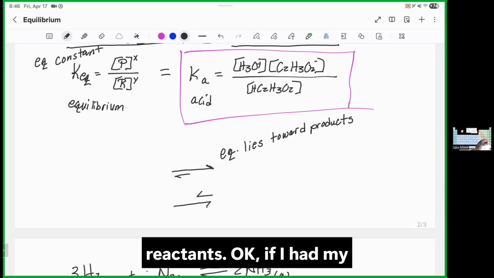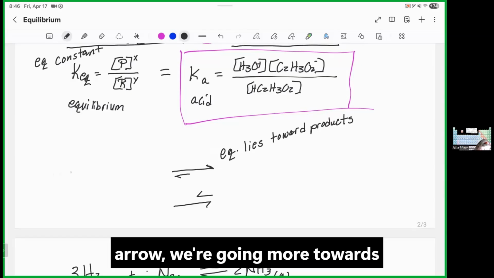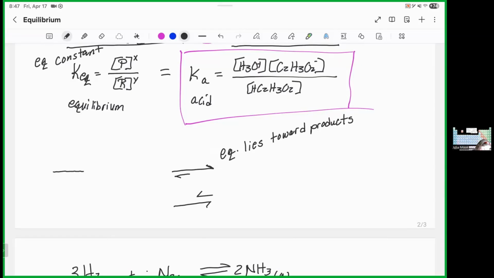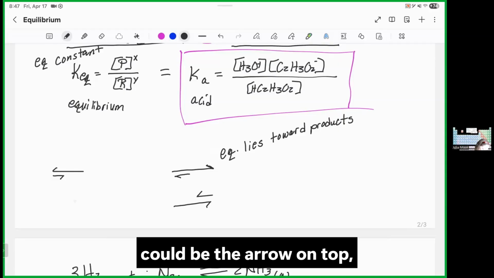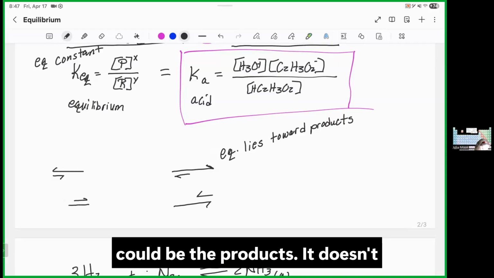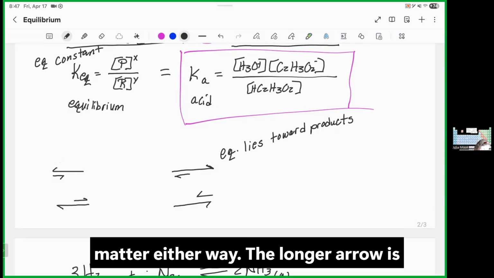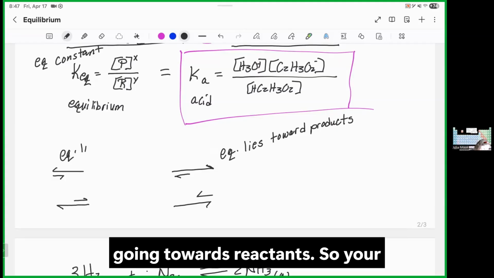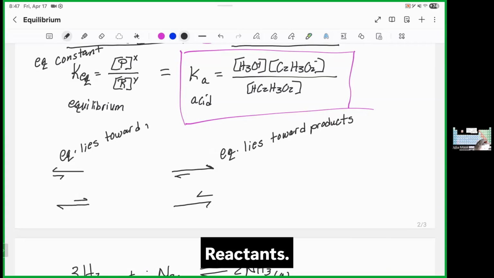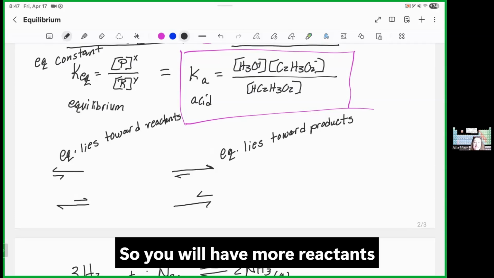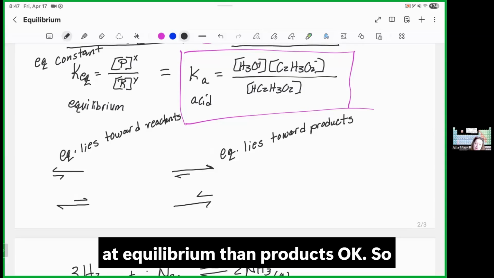If my arrow were going more towards reactants and less towards products, and it doesn't matter which arrow is on top, either way the longer arrow is going towards reactants, so your equilibrium lies toward reactants. So you will have more reactants at equilibrium than products.